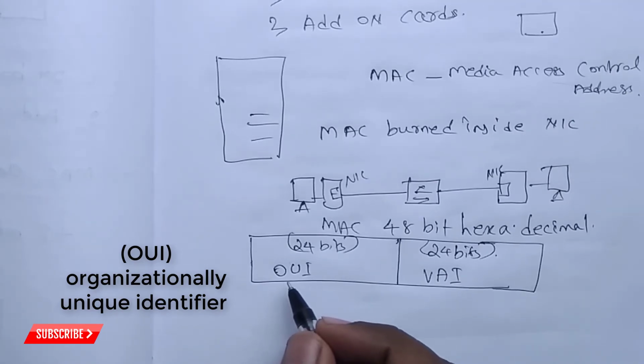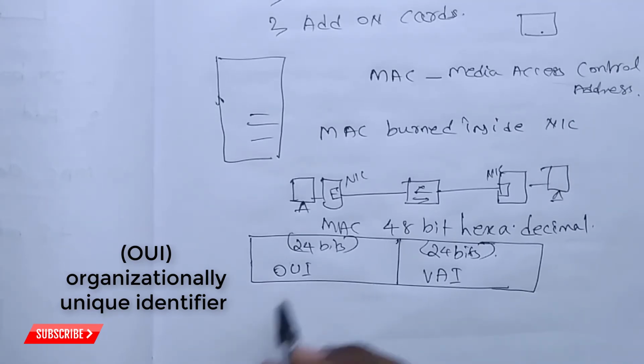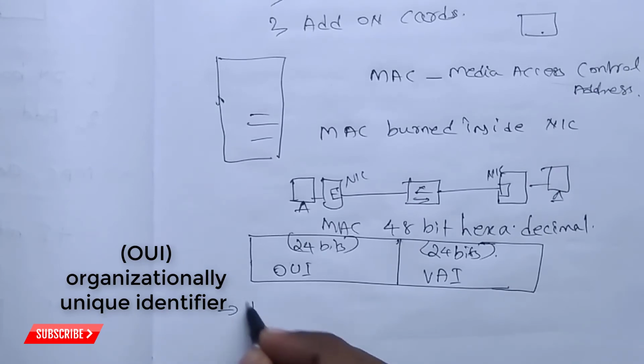OUI means organizationally unique identifier, which is provided by the IEEE.